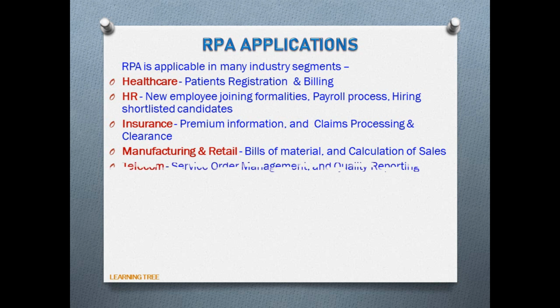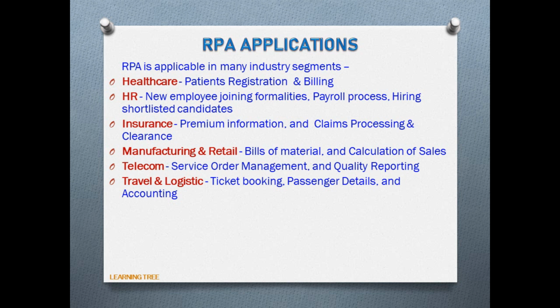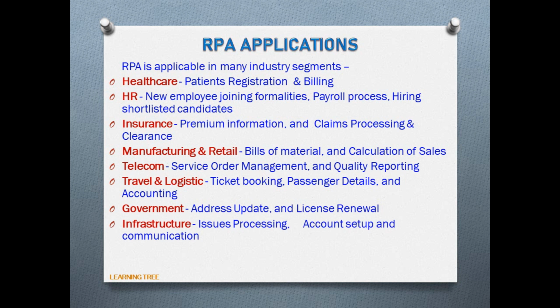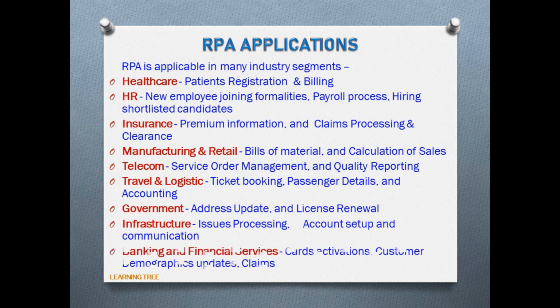Number 5, telecom: service order management and quality reporting. Number 6, travel and logistics: ticket booking, passenger details and accounting. Number 7, government: address update and license renewal. Number 8, infrastructure: issue processing, account setup and communication. Number 9, banking and financial services: card activations, customer demographics update and claims.